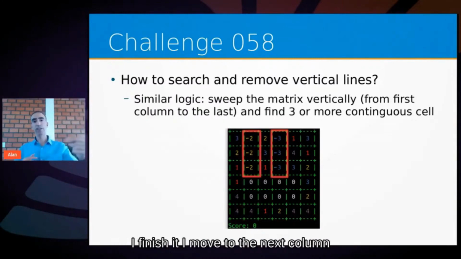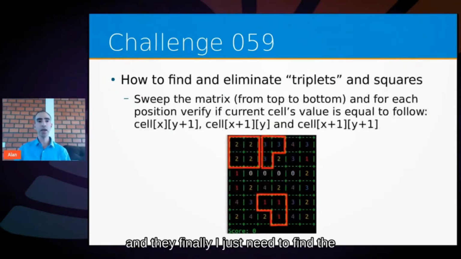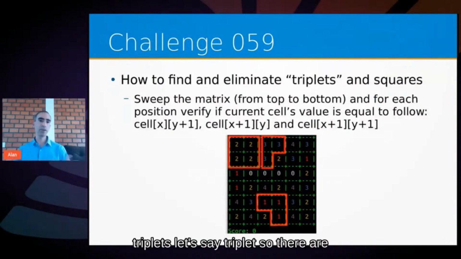When I finish it, I move to the next column and so on. This way I can find the vertical lines more easily. And finally, I just need to find the triplets, let's say, so the three adjacent cells with the same block color and squares. So it's very easy.